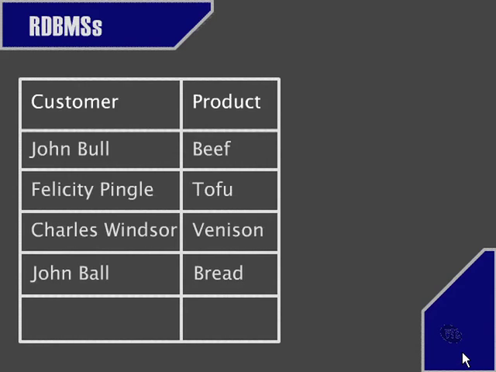Later on, when we try to run a query to find out what products John Bull has bought from us, the only one that will show up is beef, because the computer isn't intelligent enough to recognize that John Ball is just a misspelling of John Bull.